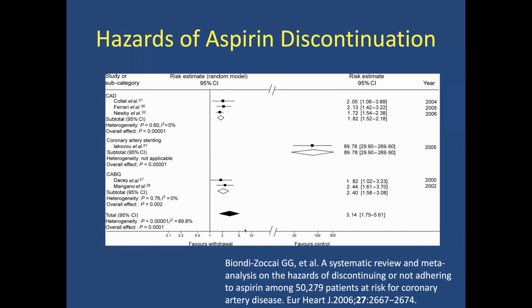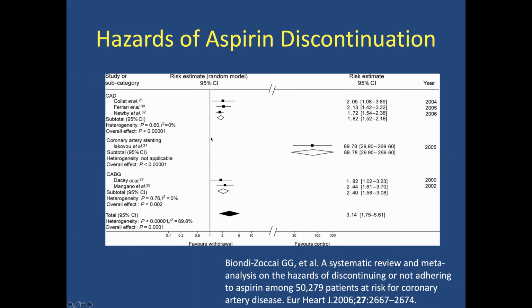And then this is a second meta-analysis and systematic review looking at more than 50,000 patients, again, published in 2006, so mostly from the 90s and the early 2000s, but looked at the hazards of aspirin discontinuation in various patients.